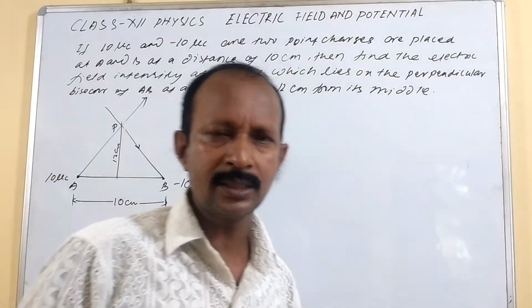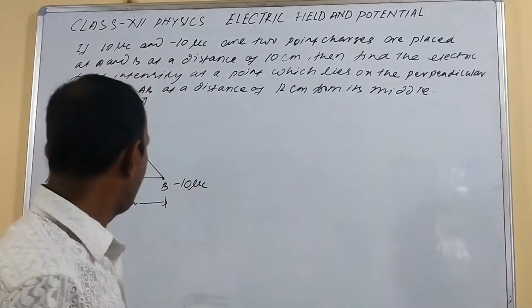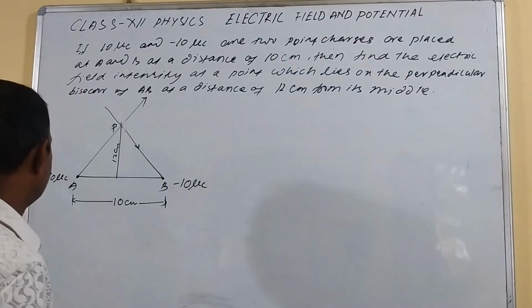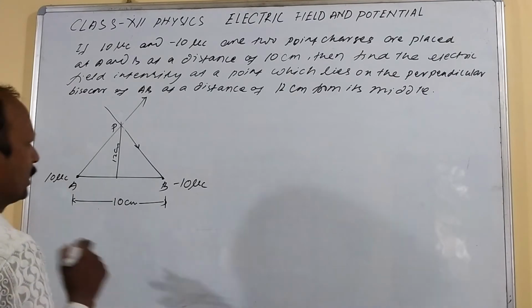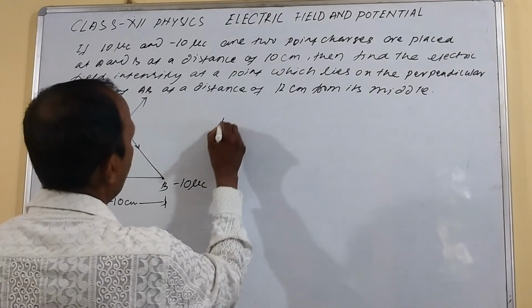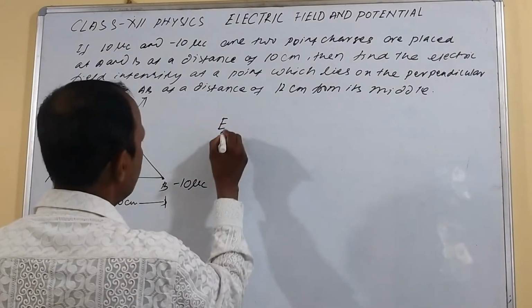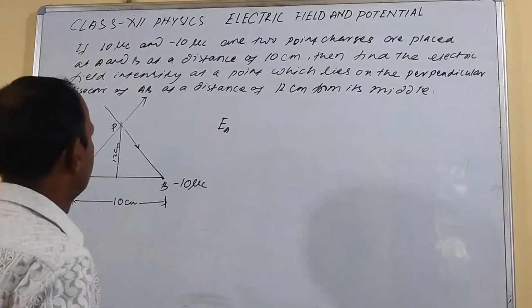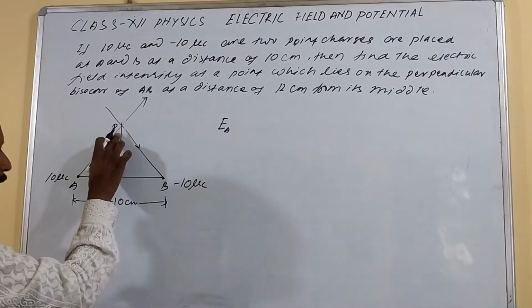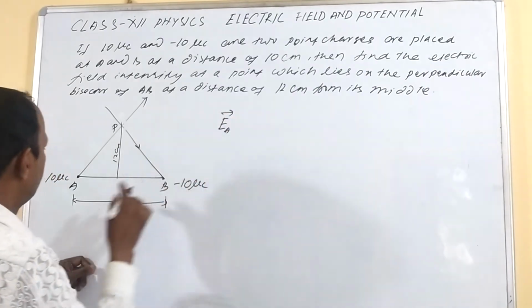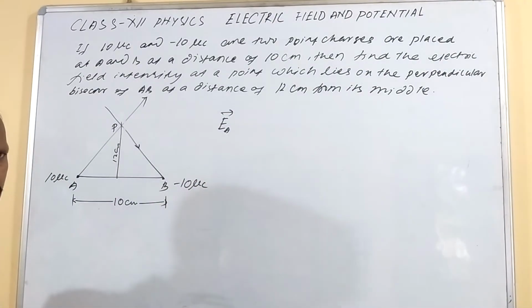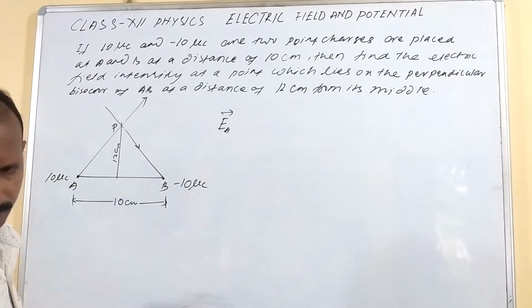Now, let us calculate the field at the point P due to charge. Suppose this is the electric field at the point P due to the charge 10 microcoulomb.